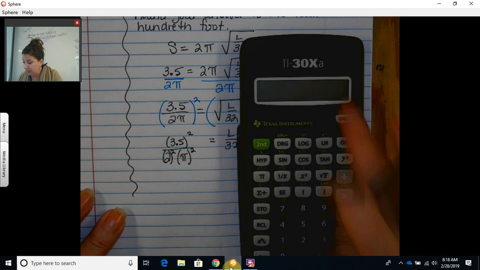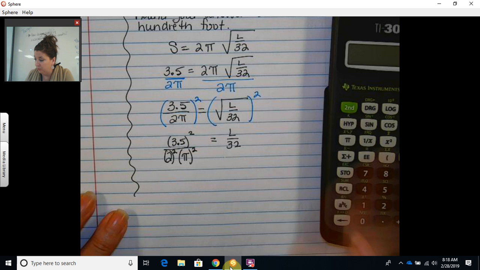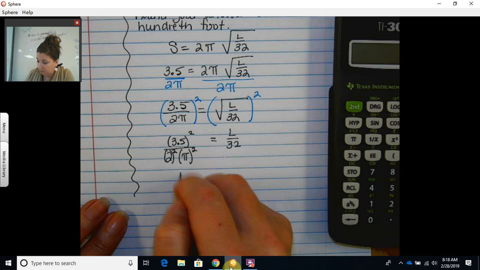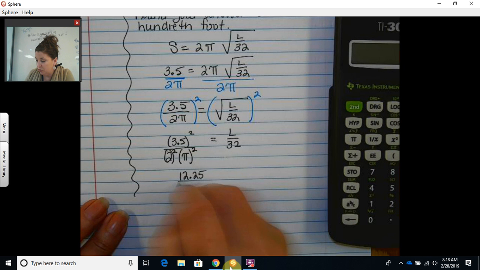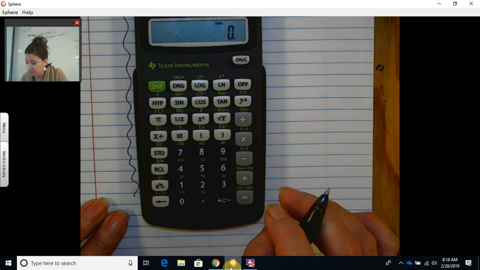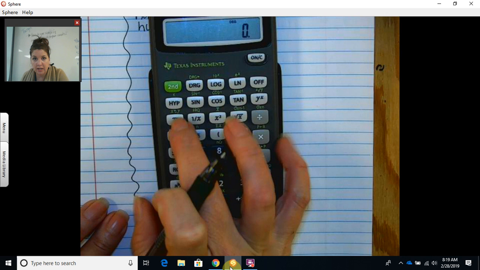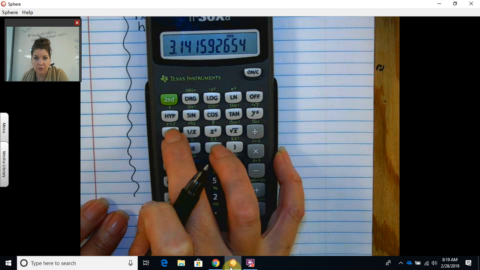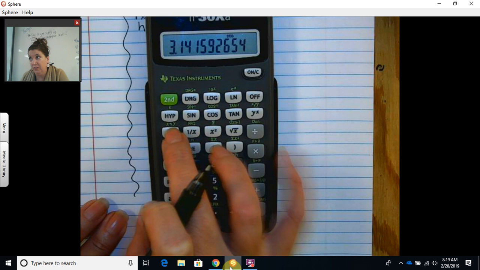So 3.5 squared is 12.25. 2 squared is 4. And pi squared, there's a pi button on these calculators. We know pi is approximately 3.14. It can't put in the whole thing because no one knows the end of pi, but a lot more numbers.